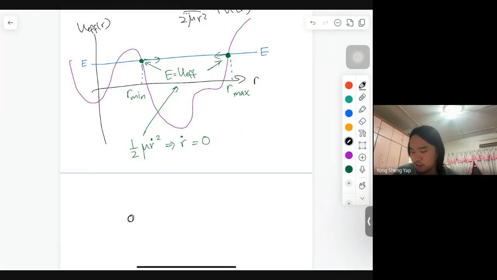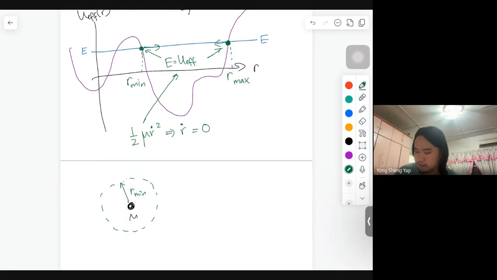You have the center of mass over here, and there's a minimum radius from the center of mass and a maximum radius from the center of mass, in which the particle mu can undergo motion.